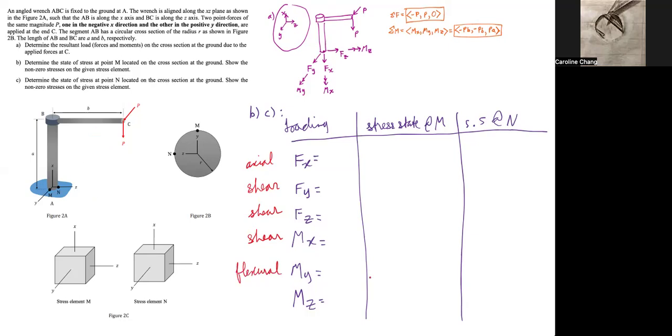So M of z is going to be flexural as well. And I guess what they wanted for M of x is not shear but torsion, which is accurate, but the twisting will cause a shear over here.